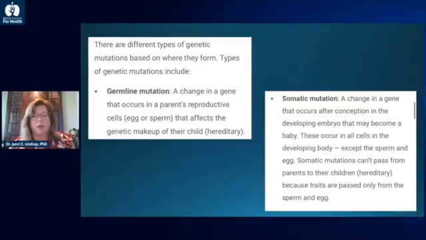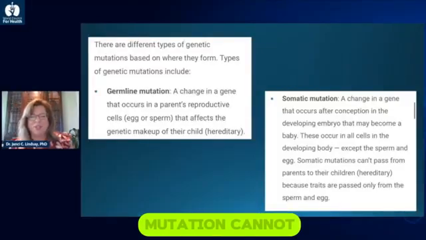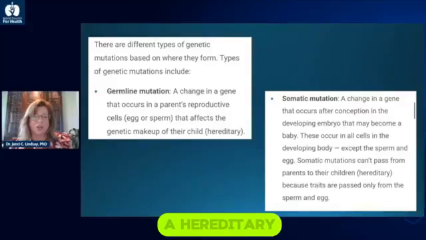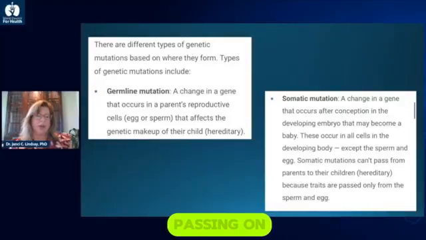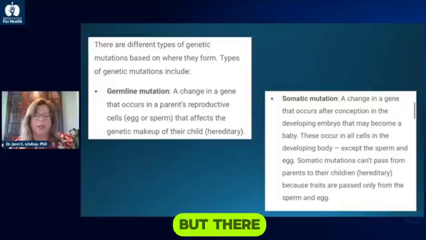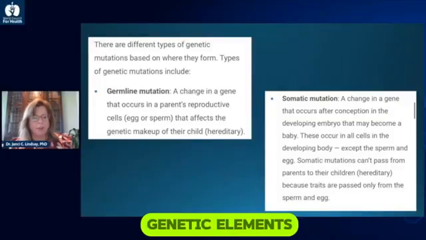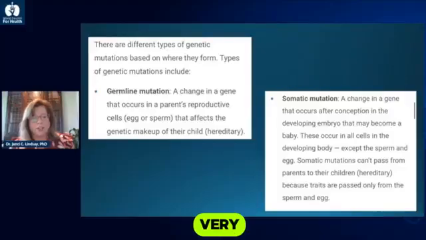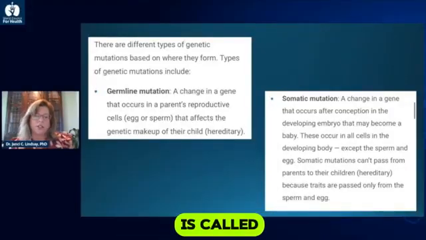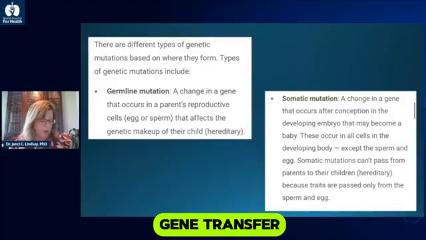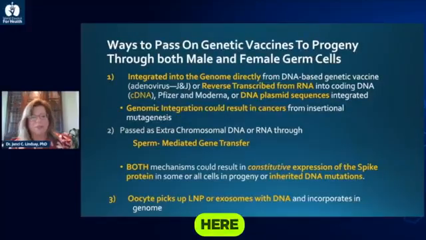Now, here it says that a somatic mutation cannot result in a hereditary passing on, but there is a mechanism through which you can have extrachromosomal genetic elements be passed through sperm. And it is a very interesting mechanism of epigenetic regulation, and that is called sperm-mediated gene transfer.